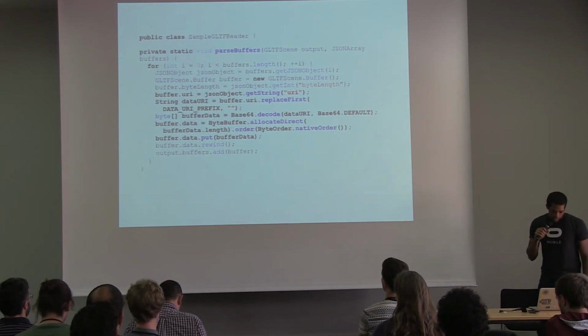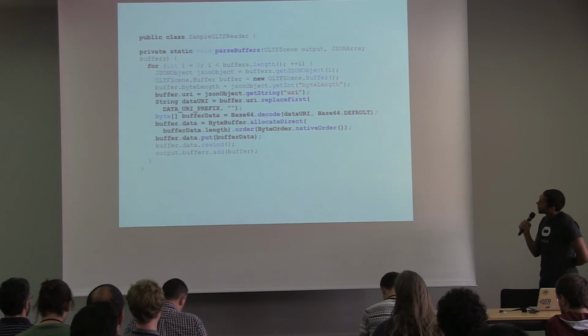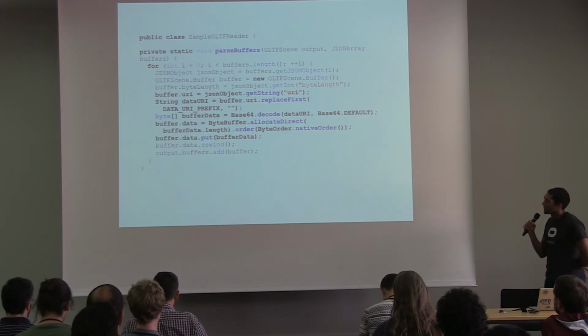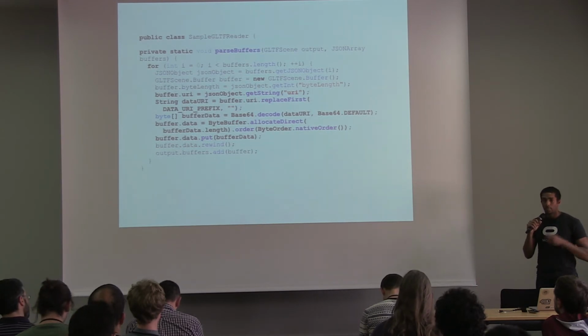So parsing the buffers is a little bit interesting too, because in our case, we're just handling the data URI use case. So what we're going to do is parse out the data URI and then store it in a buffer. What we're not going to do is make copies for each buffer view.